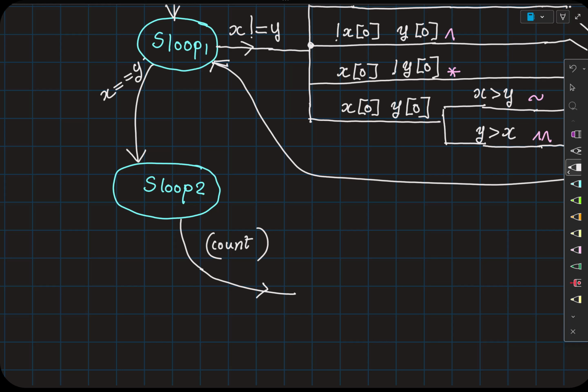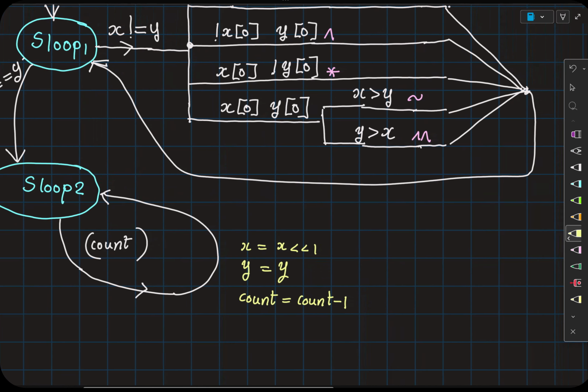What state will you be in if your count is non-zero? You will remain in S loop 2. Right? And in this state, what is the operation that you want to happen at every clock cycle? So you want your x to be left shifted by 1. And what happens to y? It doesn't matter. So I'm going to simply hold the same value. And what happens to count? So count has to become count minus 1.